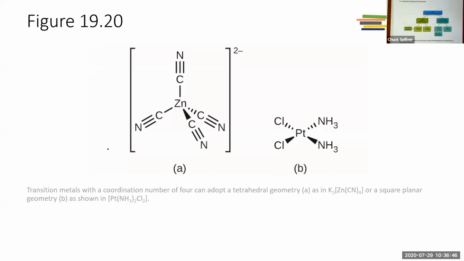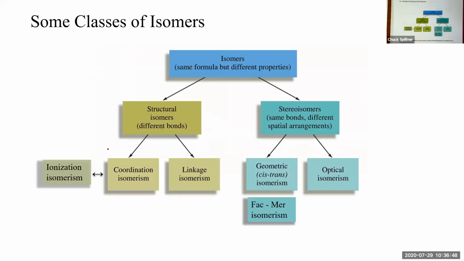So let's look at this topic called isomers. What are isomers? Isomers are substances that have the same formula. And when we're talking about isomers, we are talking about the formula of the coordination compound, the whole compound, or the formula of the complex ion.